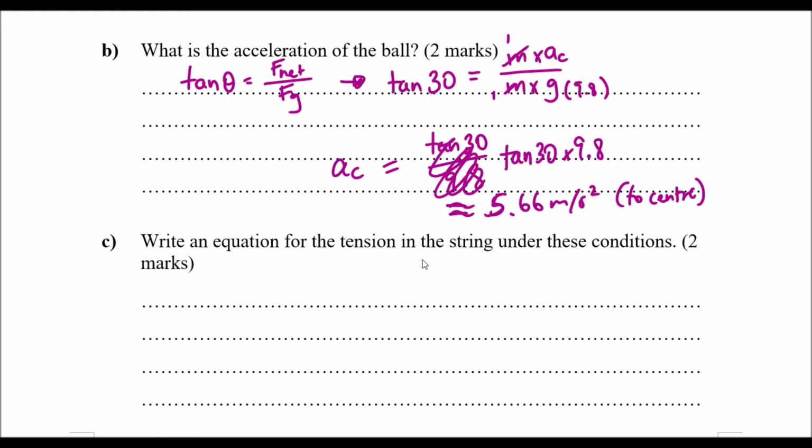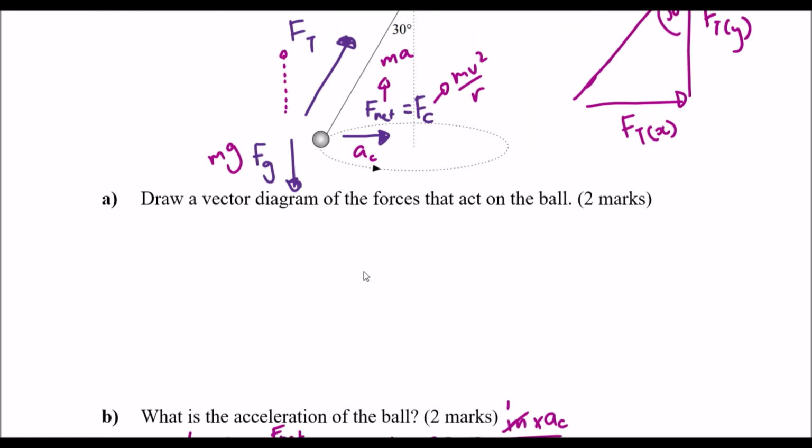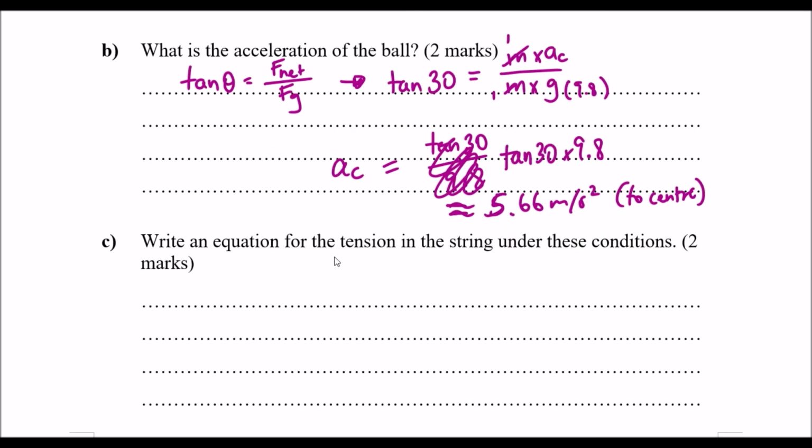All right, last one says, write an equation for the tension in the string under these conditions. So we want to find Ft. All right, so we know we can express it as an equation or formula using our gravitational force and our net force or our centripetal force. Okay, so I'll draw the triangle out again.